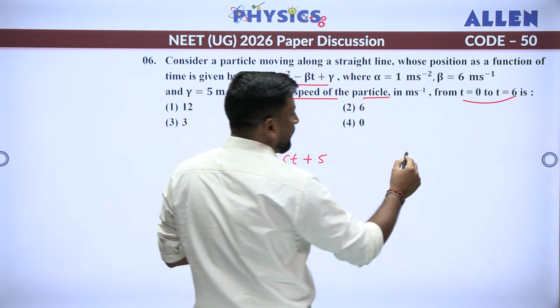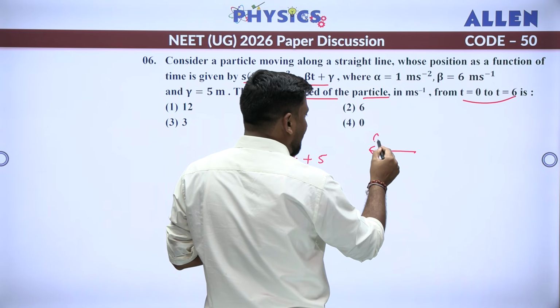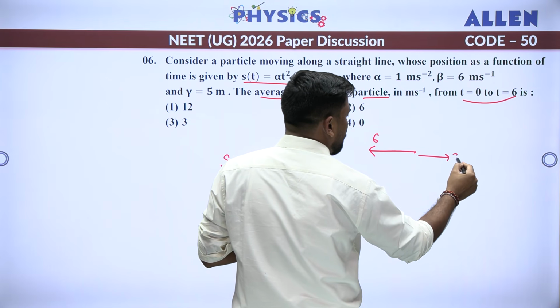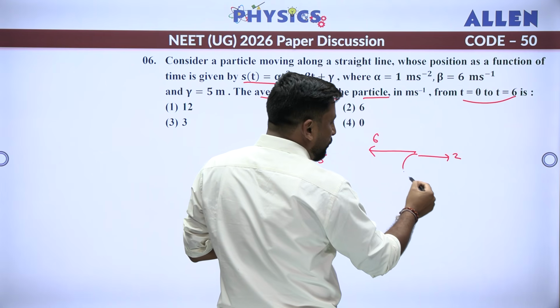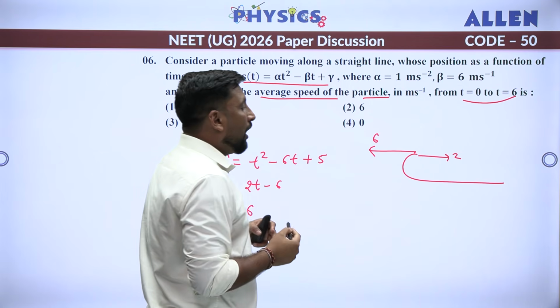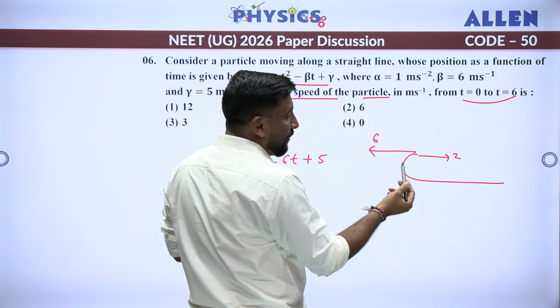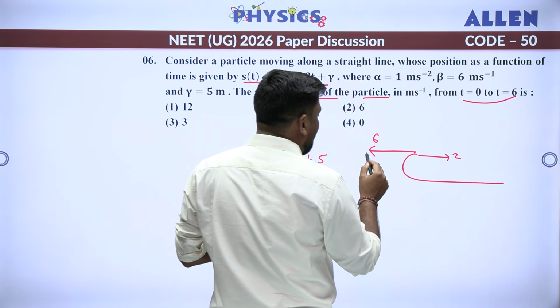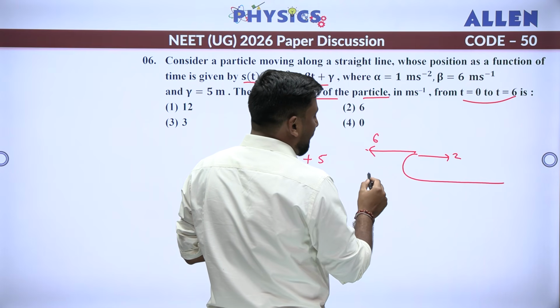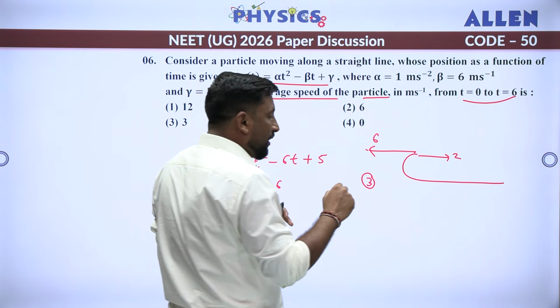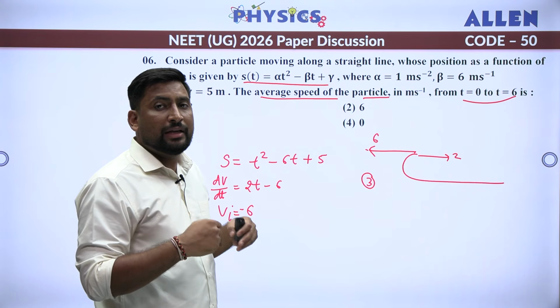So basically what I'm saying is, the initial velocity is in one direction and the acceleration is constant, which is 2 here. So this particle is going to take a U-turn. It takes the U-turn after 3 seconds, and after the next 3 seconds it will be at the same position.